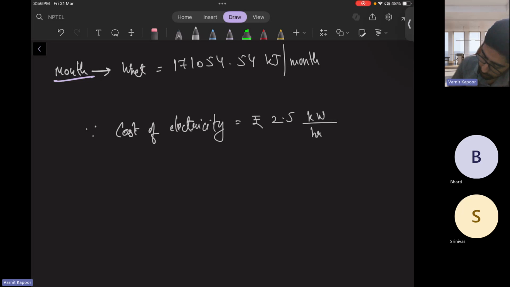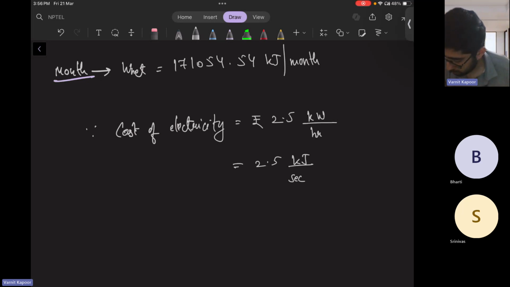Okay, so can you convert this? Kilowatt is kilojoule per second, and 1 hour has how many seconds? 3600. So if you multiply by 3600 in the denominator, it is kilojoule per second. Am I right? Okay.